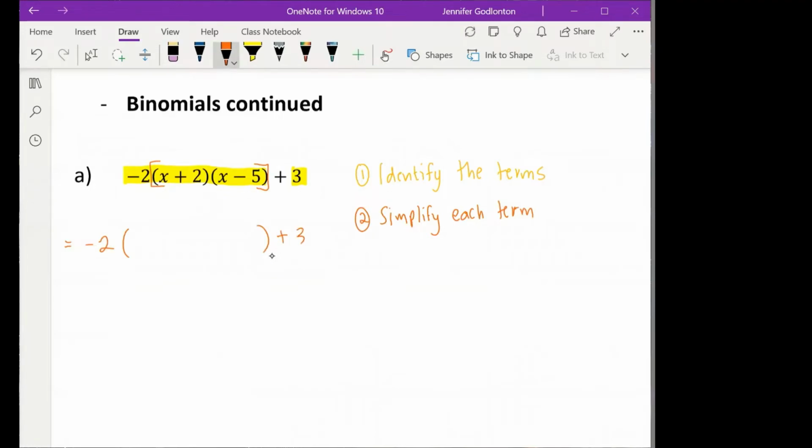Those of you who are struggling, all I want you to do at the moment is focus on multiplying those 2 binomials together to give me those 4 terms. I'll give you a little bit of time to figure that out, and then we're going to talk about our next step.